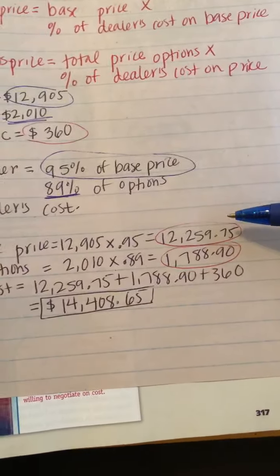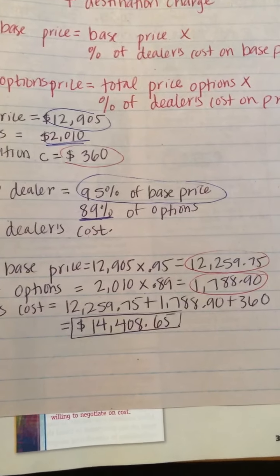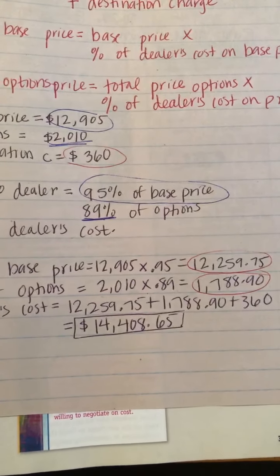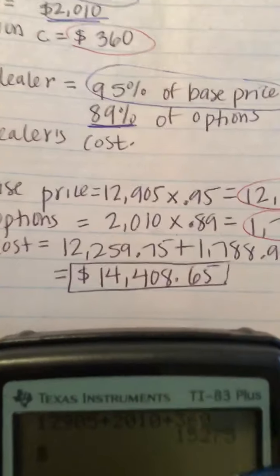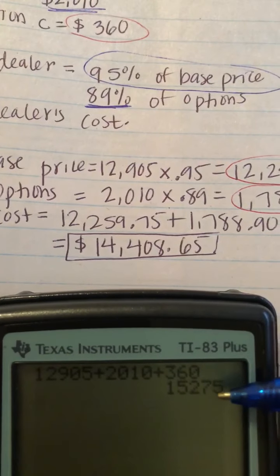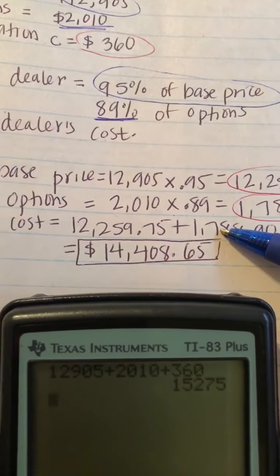So the car actually cost the dealership $14,408 and 65 cents. But what they want you to pay, I'm going to add everything up, is $15,275. So that's how much they would want you to pay, and that's how much they paid.